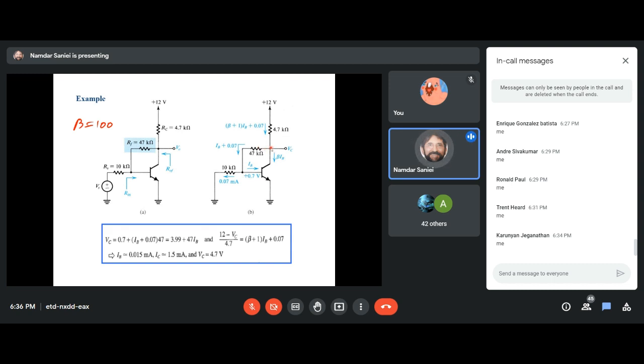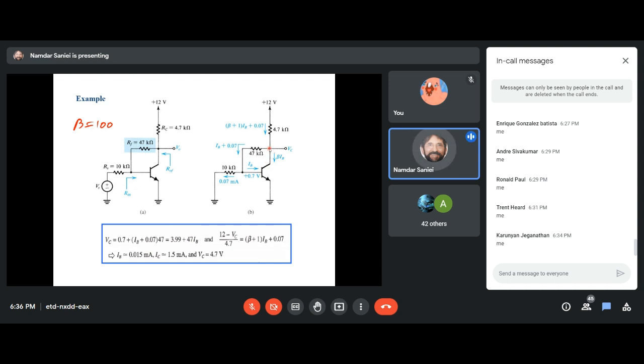looking at VC, first we can find VC by adding this voltage, which is this current times 47K, to 0.7, right? This is a KVL I'm writing, KVL around this loop. I can get VC with respect to ground to be 0.7 plus the voltage drop across 47.